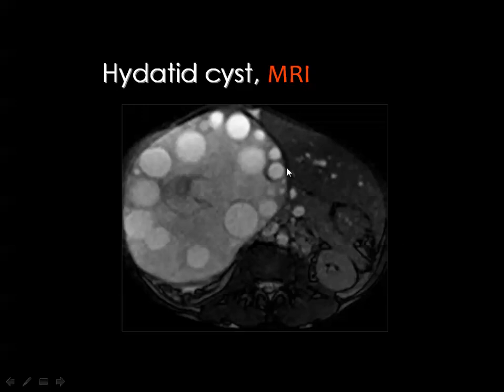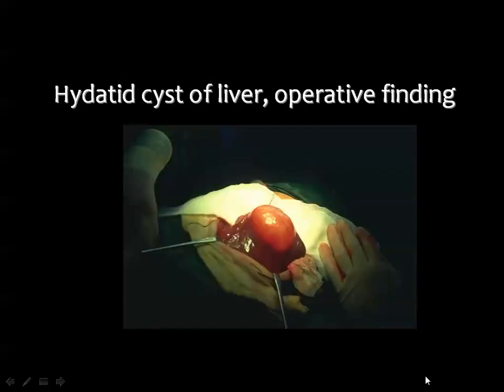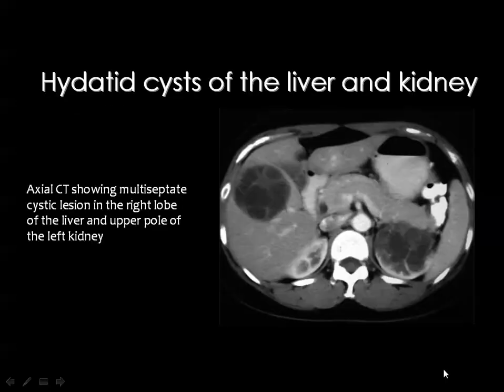And this is a T2 weighted image of an MRI of hydatid cyst with classic big lesion and mural small daughter cysts along its margin. And this is the operative appearance of the hydatid cyst. And as I have said, hydatid cyst can occur in the liver and can occur in the kidney as well as in the spleen.